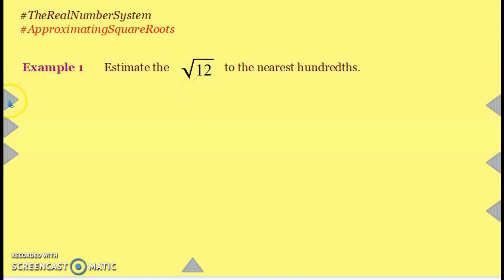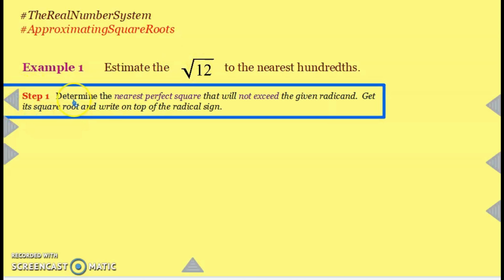So the first step would be, okay, determine the nearest perfect square that will not exceed the given radicand. Then after that, we get the square root of that and write it on top of the radical sign. So ang given ay square root of 12. Sulat muna natin siya, no? So square root of 12.